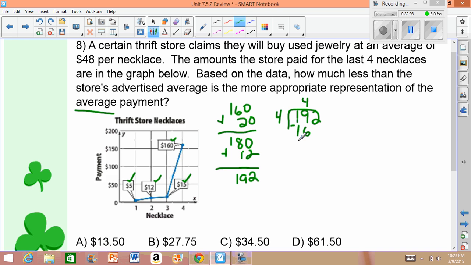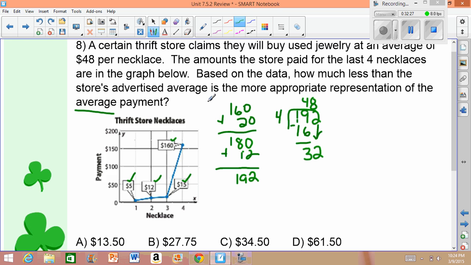So I'm going to subtract. I have 3 left. Bring down my 2. When I divide that, we get the 48. So we have just proven that when they say the average is $48 per necklace, that is indeed true.